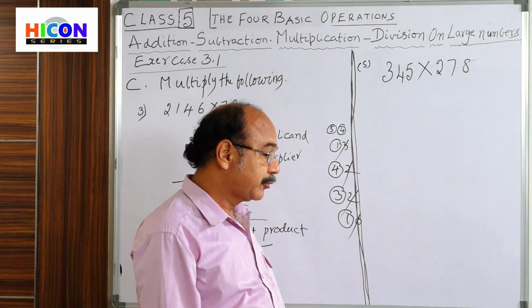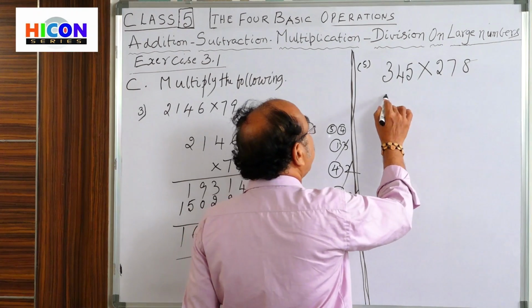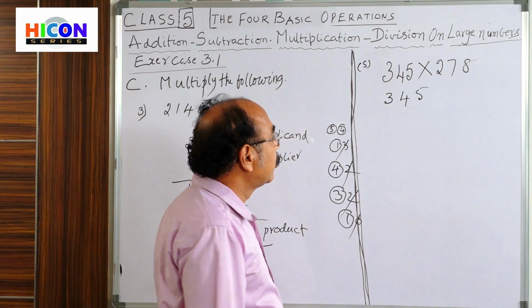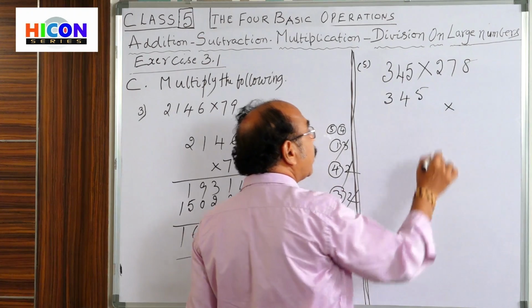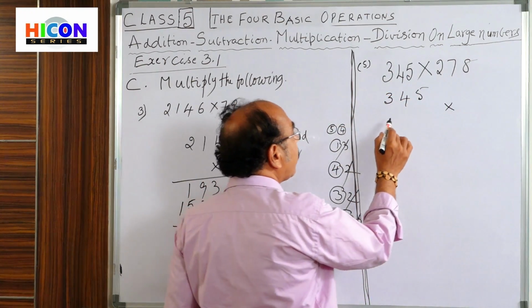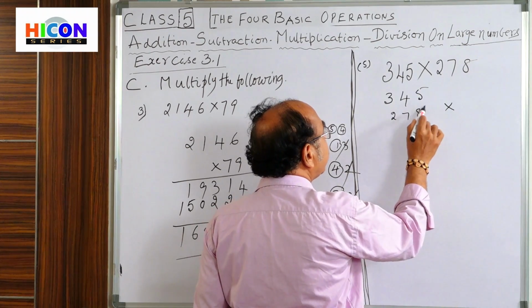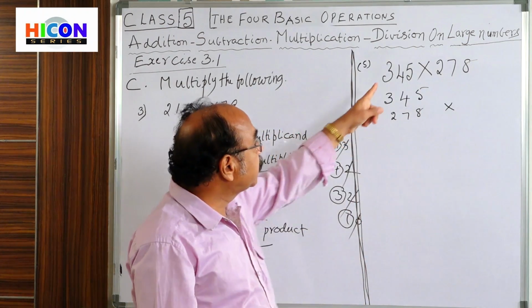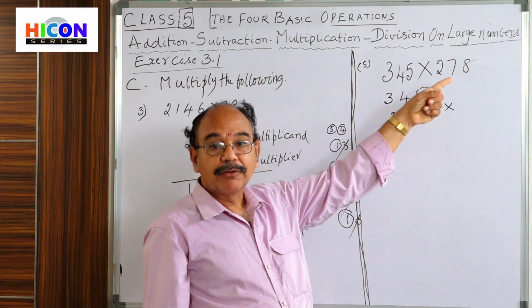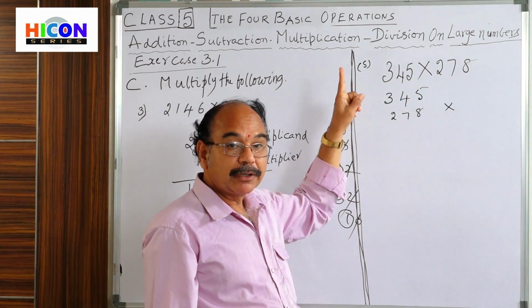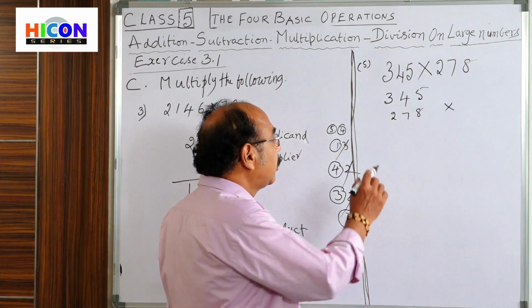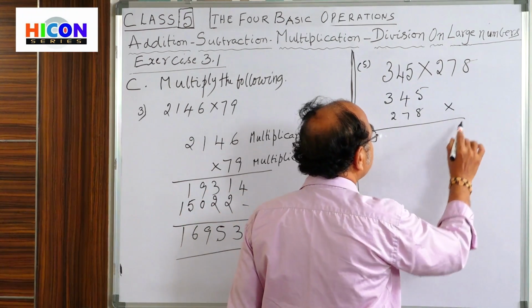Show the multiplication. 345 is the multiplicand, it is to be multiplied by the multiplier 278. This is a 3-digit number. That is also a 3-digit number. We are multiplying a 3-digit number with another 3-digit number. Okay, now do multiply.